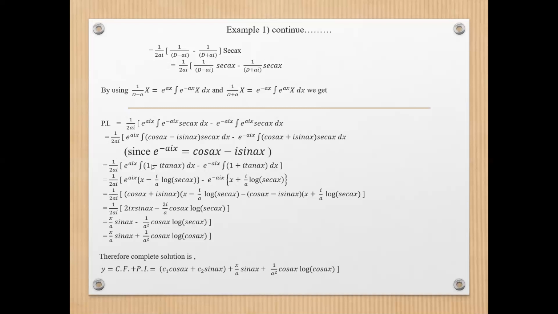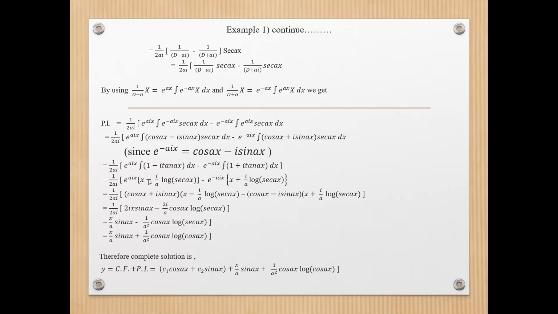Okay, integration of, now multiply dx inside the bracket. 1 into dx, and integration of dx is x, minus integration of i tan ax dx. i is constant, and integration of tan ax is log of sec ax upon a. Similarly here, e raised to minus aix, 1 dx, integration of dx is x, plus integration of i tan ax, i is constant, integration of tan ax is log sec ax upon a.